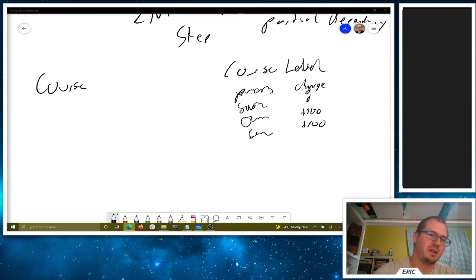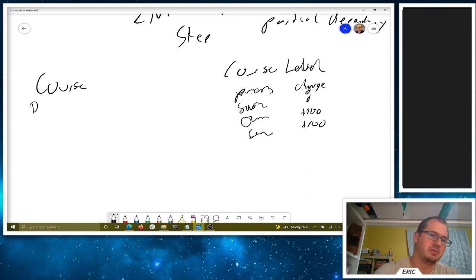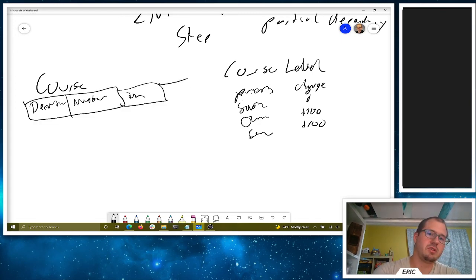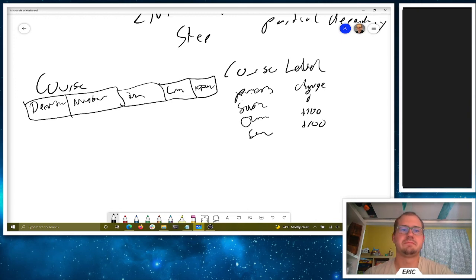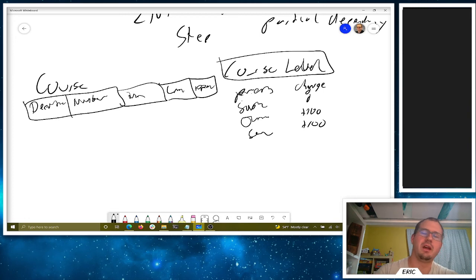So our course, we said, was a department, and the number was our primary key, this composite key over here. We still had name, we still had credits, and we still had the prof, or the lead prof, whoever was essentially in charge of the class. So we still have all of that, and then we have this course level table on its own here.